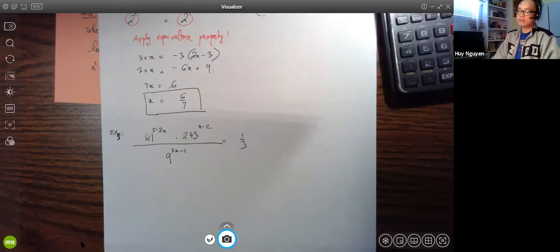Remember this: all the knowledge you need to solve example 5, we already talked about. The problem is always related to taking the log of both sides, or using the equivalence property. Nothing's new. Those are the two priorities you should try. But again, you have to simplify a little bit before you try that.